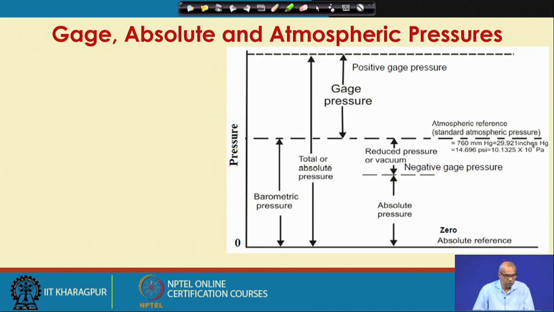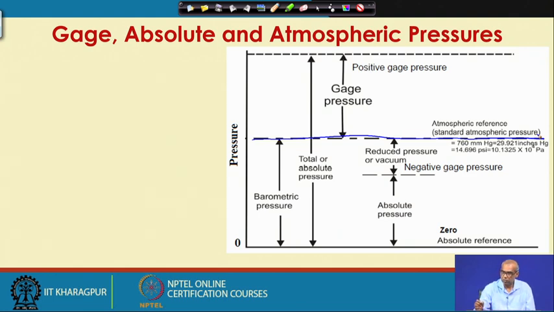Now, let us define the terms gauge pressure, absolute pressure, atmospheric pressure, and so on. Please look at the diagram. Let us say this is the atmospheric reference, meaning this is standard atmospheric pressure.